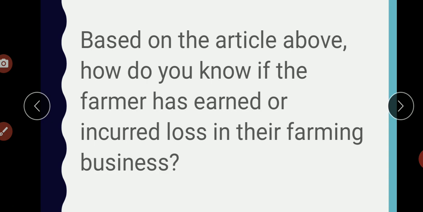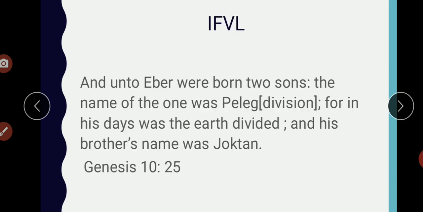So the average expense is 40,000. If the price of your rice is only 25,000, then you lost 15,000 during that cropping season. So that is how the farmers feel, or that's how the farmers do their job.